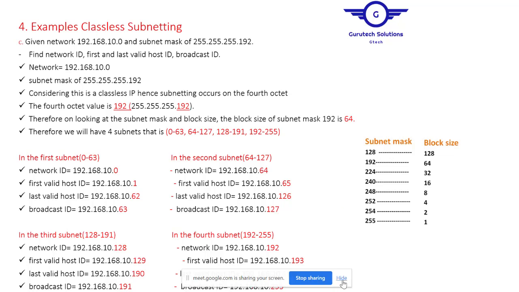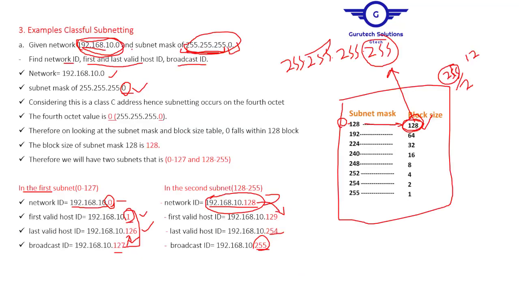Let me hide that. Okay, here is an example with this IP address and this subnet mask. Before I move to this one, I want to tell you this was classful subnetting, because you could see the subnet mask was an actual subnet mask of a class C address, and this was a class C IP address.